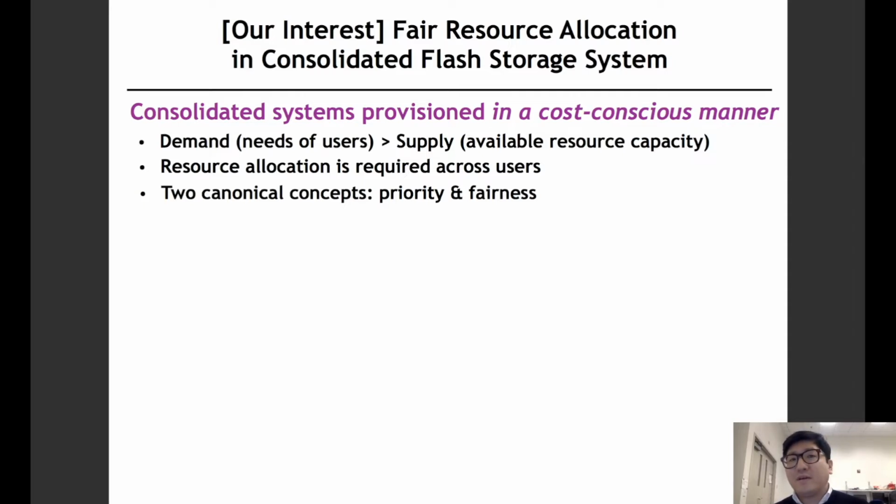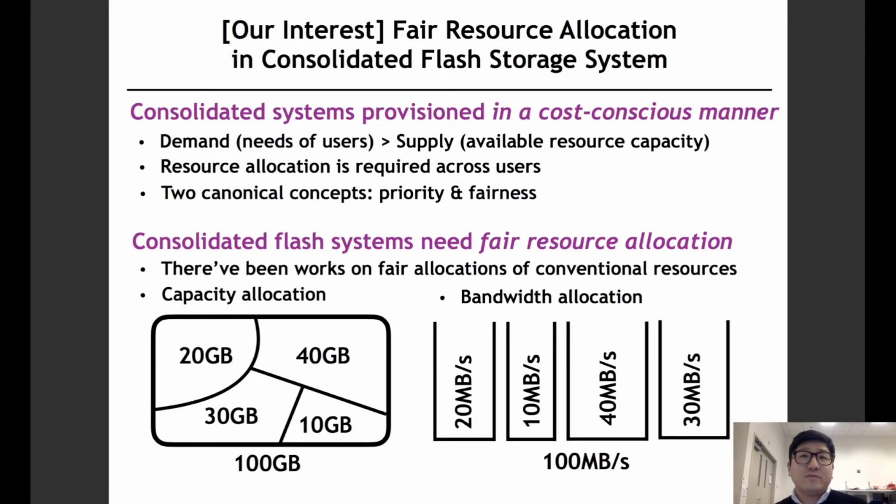For priority, we can adjust the relative importance of users. And when the priorities are identical, fairness can offer principled ways of resource partitioning. Consolidated flash systems are also facing such demand-supply mismatches, and they need fair resource allocation.